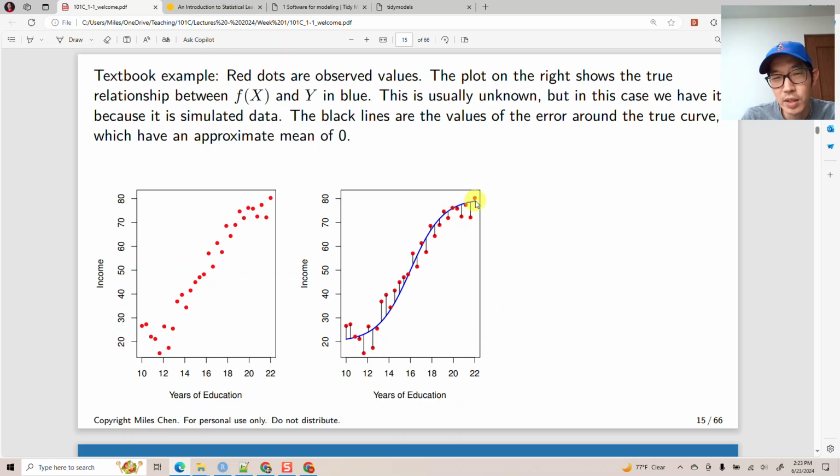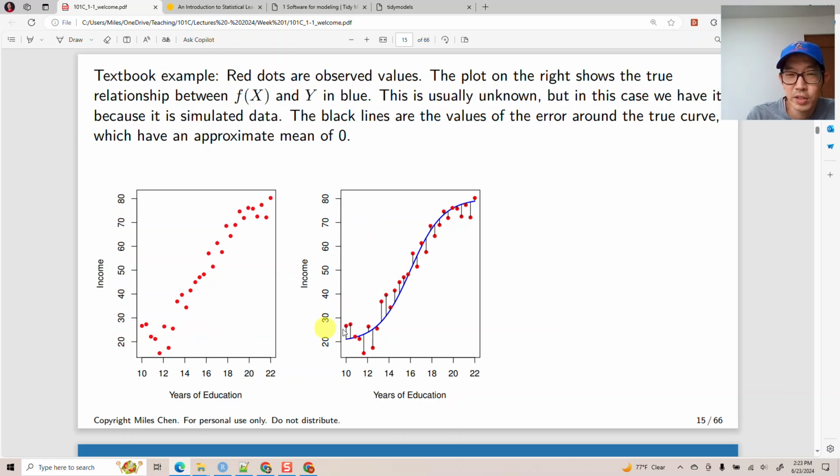Perhaps once you get past a certain number of years of education, additional years don't make a huge difference, but perhaps in this area, each additional year of education makes a big difference.